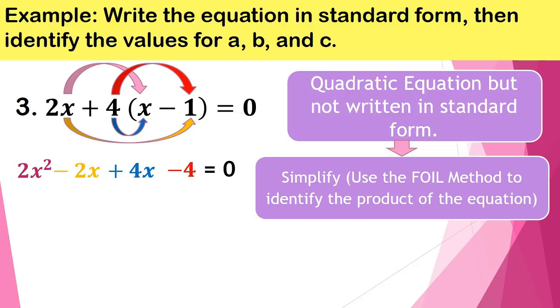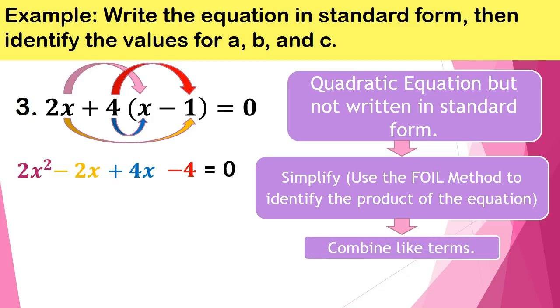So after we expand the given equation, now what we are going to do is combine like terms. So pag sinabi natin combine like terms, pagsamahin natin ang variable na magkaparehas ang exponent. So in this case, the only terms that are the same are negative 2x and 4x.